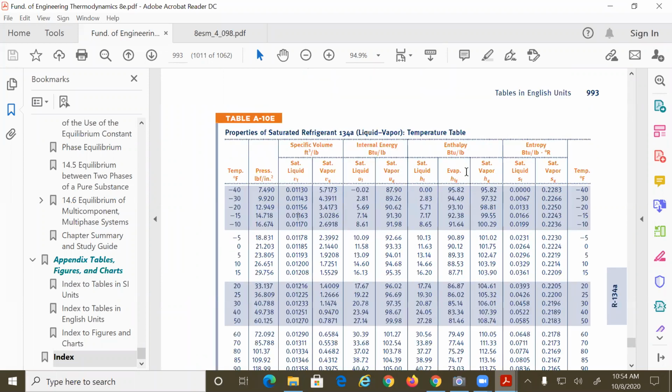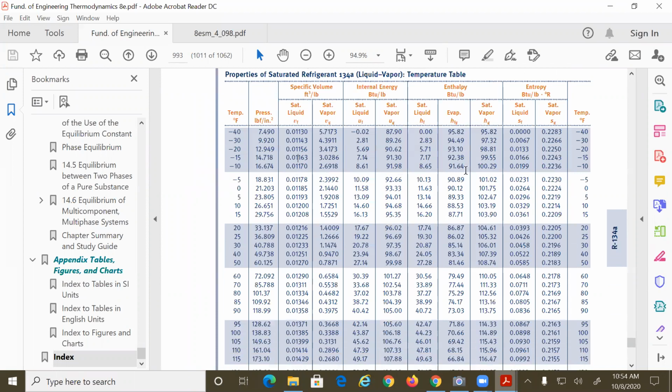So at A10E, what do we know? The temperature, how much was the temperature? So for table A10E at T equal 115 Fahrenheit, here's the Fahrenheit.